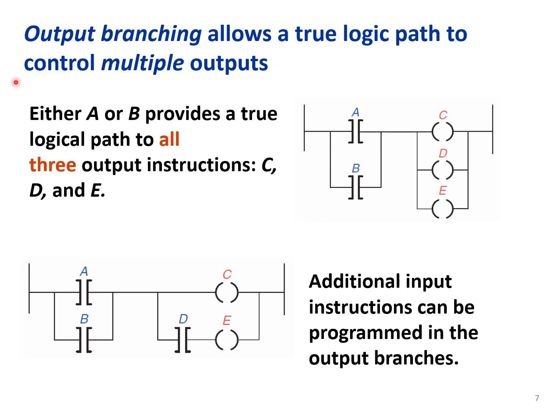Output branches allow a true logical path to control multiple outputs. So here we have multiple outputs C, D, and E. Either A or B provides a true logical path to all three output instructions C, D, and E. So if either of A or B is true, then all of these will be true.